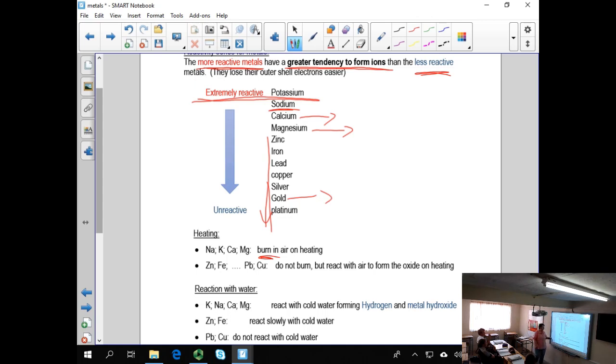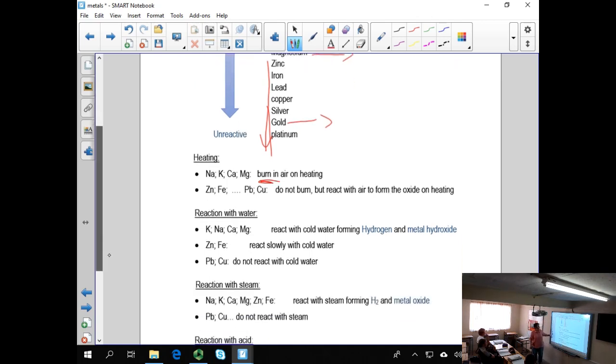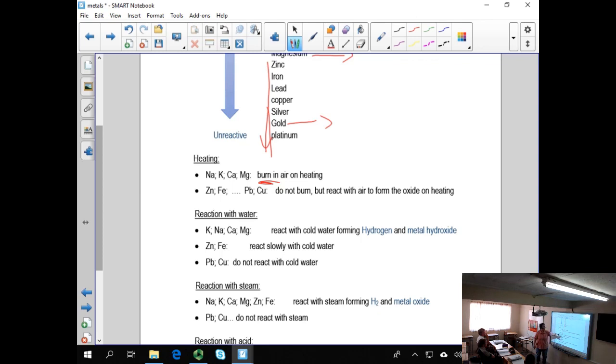The metals from zinc down to platinum, gold, copper, silver, they do not burn. But they do eventually react with the air to form an oxide, so the surface will become dull. That is why if you have copper ornaments at home, after a long period of time they become dull and you need to polish them up.